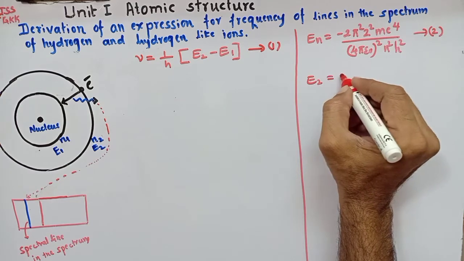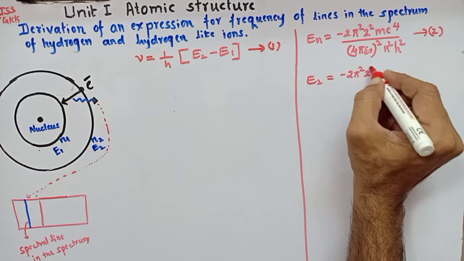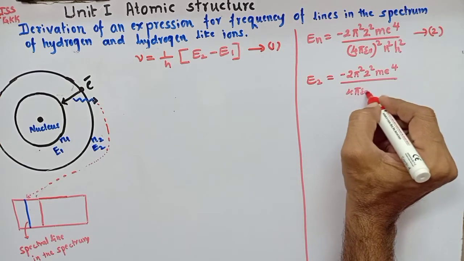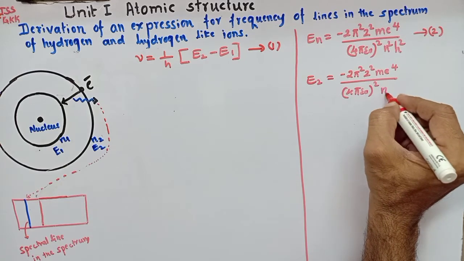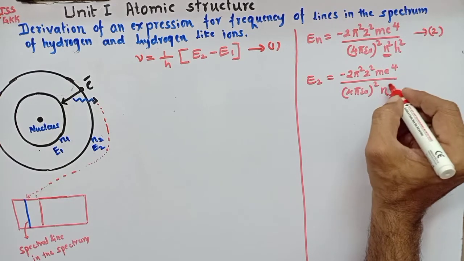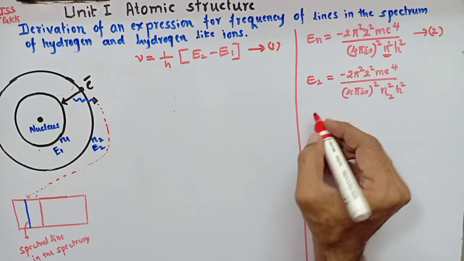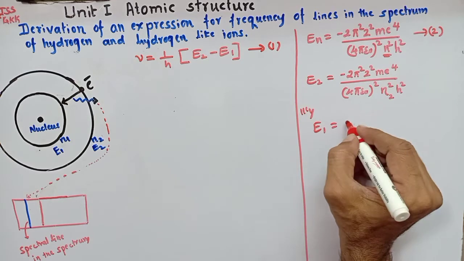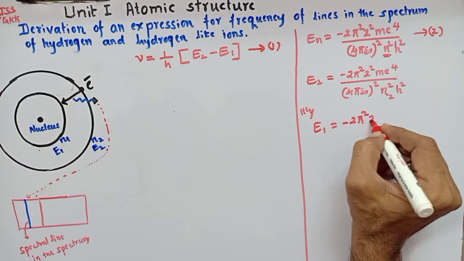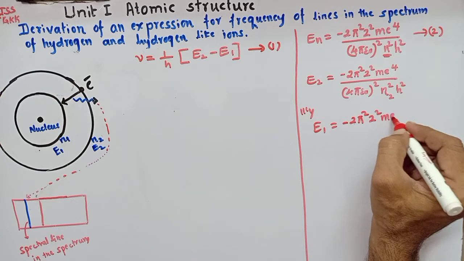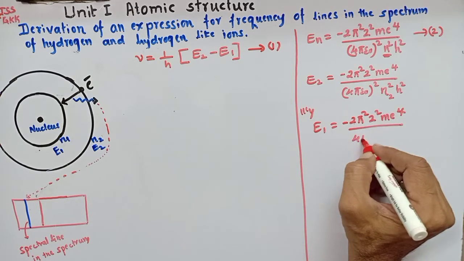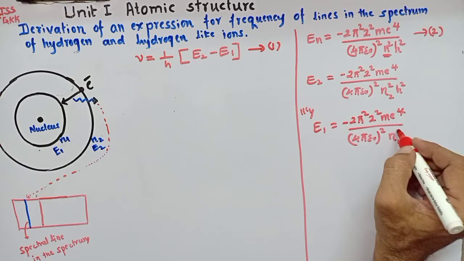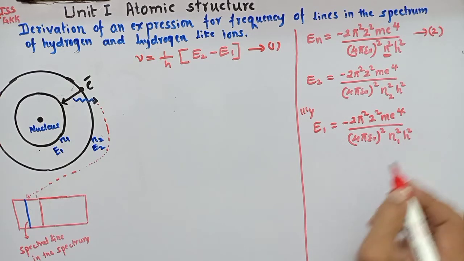That means E2 = -2π²Z²me⁴/((4πε₀)²n2²h²). Similarly, the value of E1 is equal to -2π²Z²me⁴/((4πε₀)²n1²h²).